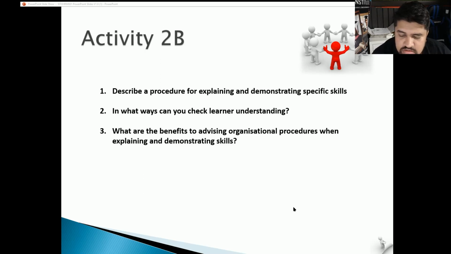So we need to drill it into their brain that whatever policies, regulations or procedures that the organization has created is mandatory, and we need to do our daily tasks around involving those procedures, policies or regulations, so that the worker doesn't just take those policies and say, oh, it's optional, you don't have to do this. It's mandatory. If the company has done it and created something, spent money on it, it must be for a reason, and we would ultimately be going against those reasons if we don't follow them.